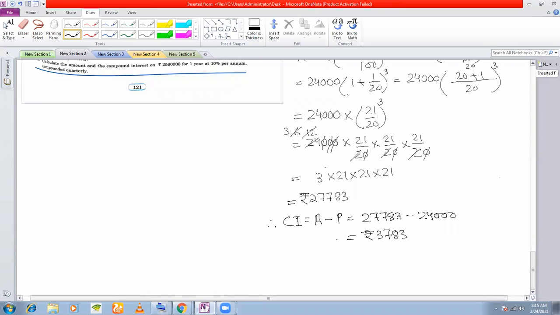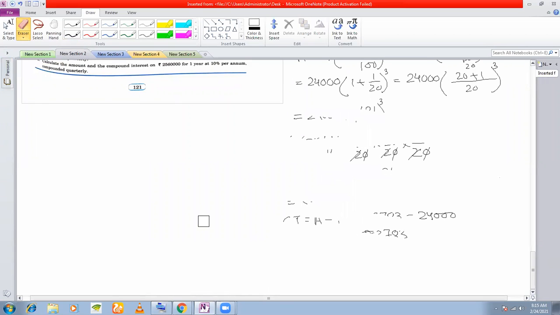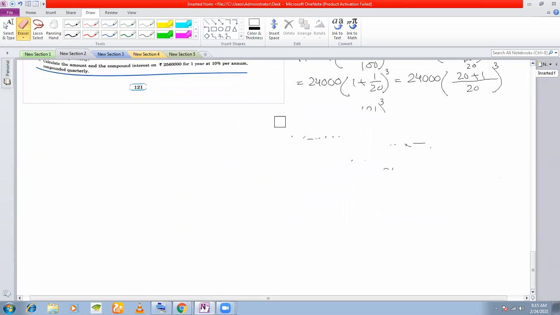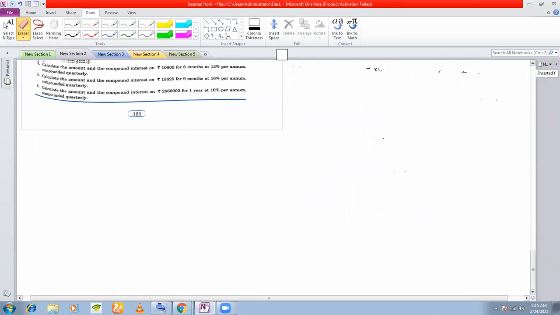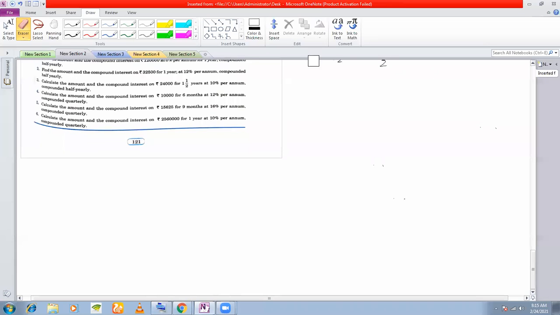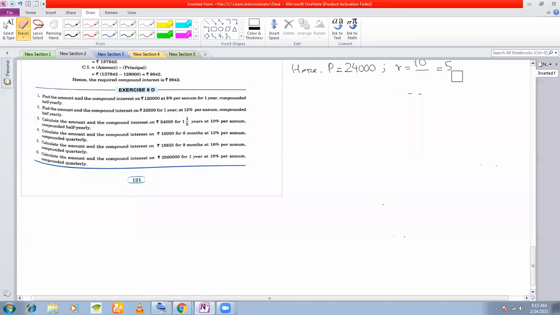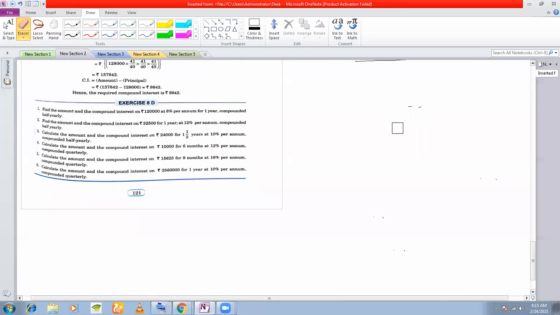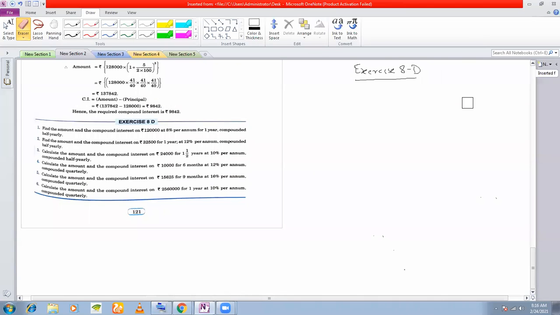Fine. This was exactly a similar problem for half yearly. Let us do one problem for quarterly, which is question number 5.